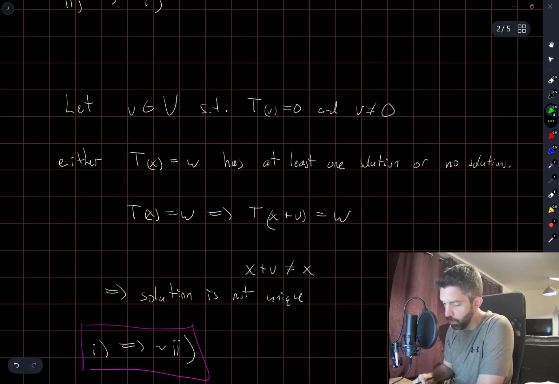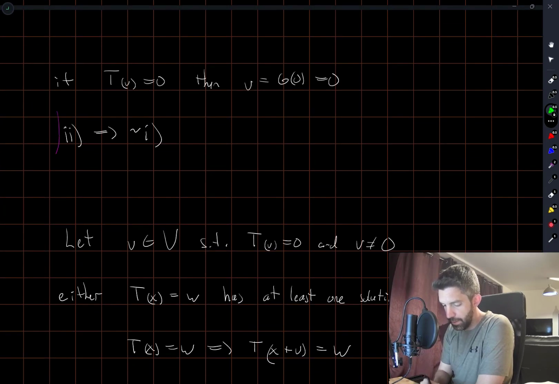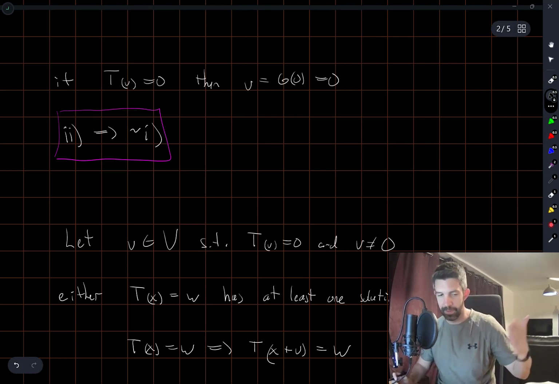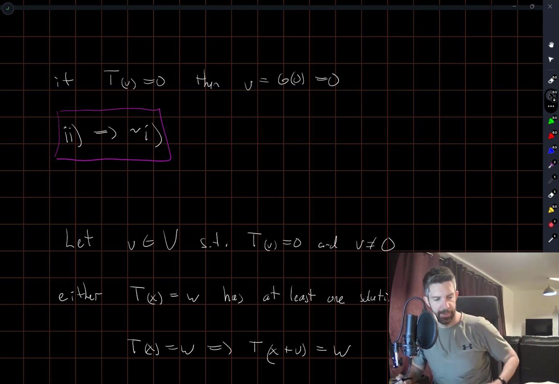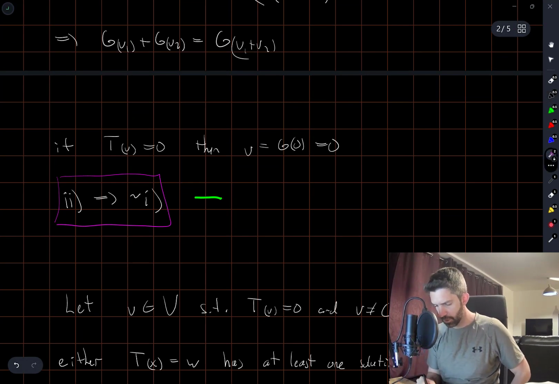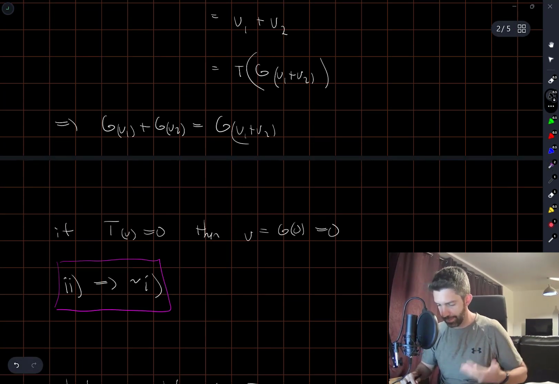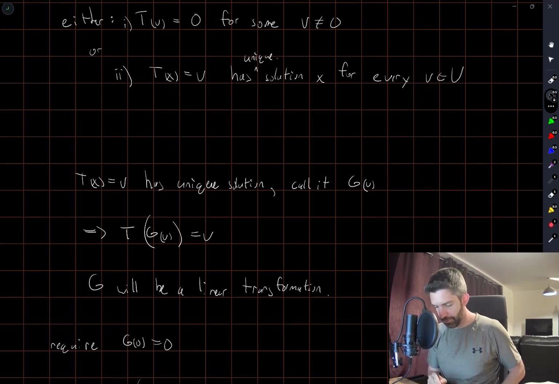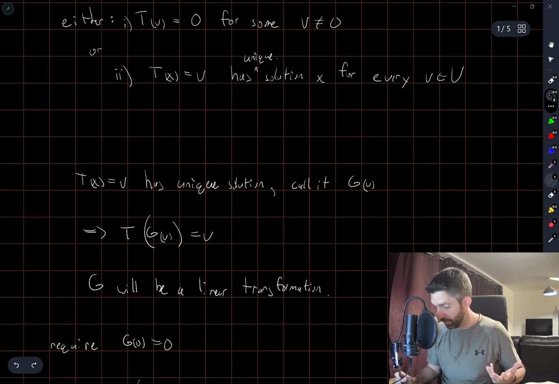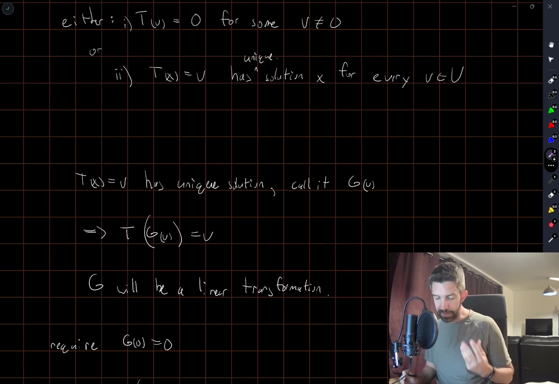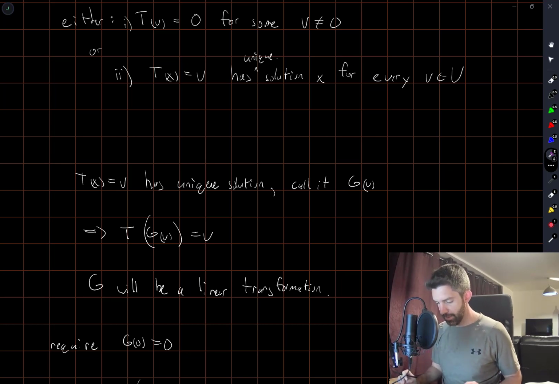Okay, so we've shown that only one of these two statements can be true, because if I assume one of the statements is true, I can prove that the other one is false. You can probably do this first one faster. Now, this linear transformation g is of course going to be T inverse, as we all know it. I didn't really require that.